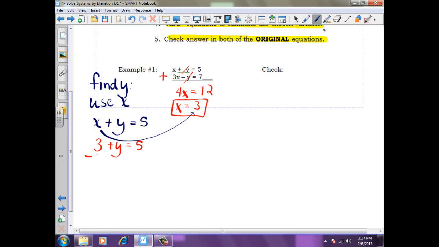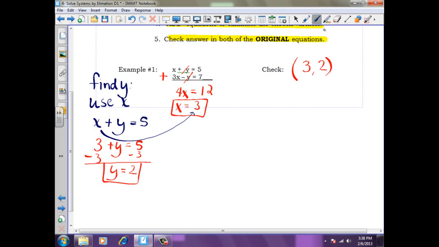Solving for y, I wind up with 2. So my point, and when we graphed it was the point of intersection, is considered the answer for these two equations.